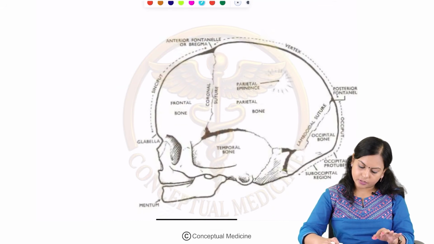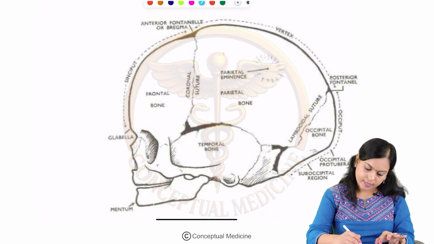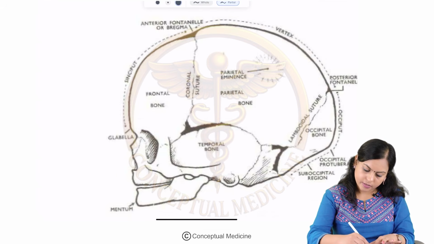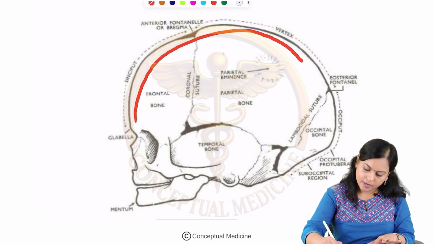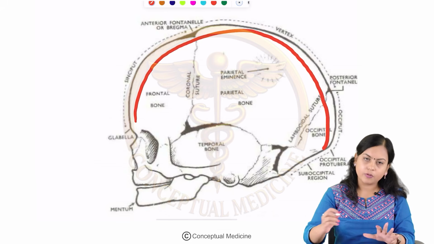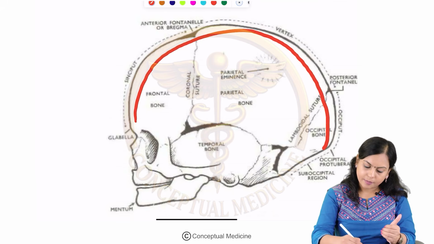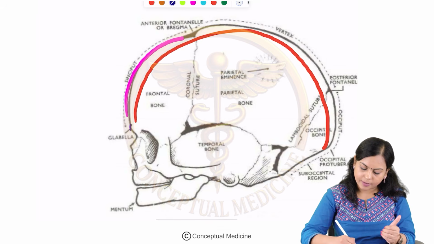If you see this picture, you will be able to understand. Basically, this is the whole of the vault, but remember, the whole area is not going to be called the vertex. The anterior part will be called the sinciput, that is from the glabella. So this region is the glabella.